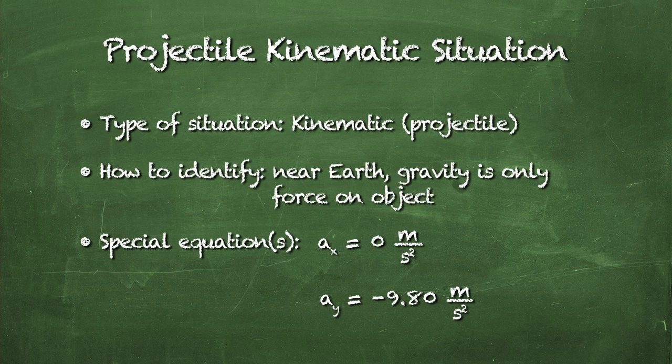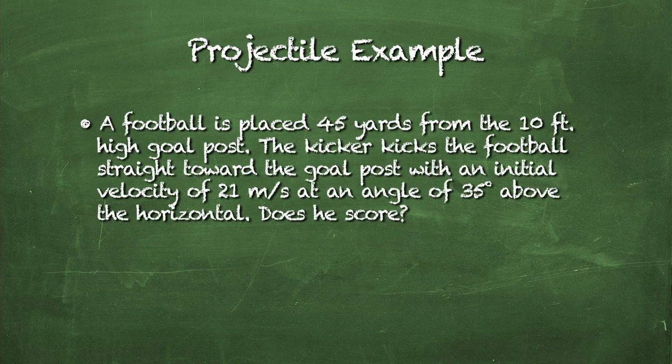So let's try an exercise of this type. A football is placed 45 yards from the 10-foot-high goalpost. The kicker kicks the football straight towards the goalpost with an initial velocity of 21 meters per second at an angle of 35 degrees above the horizontal.